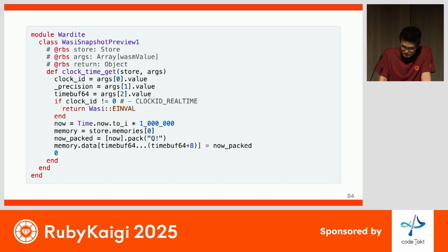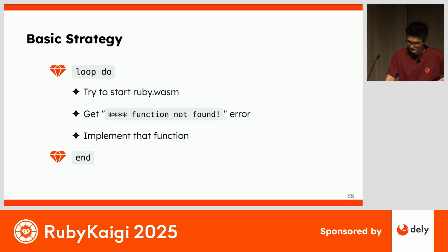As an example, implementing clock_time_get essentially just wraps Ruby's Time.now. It might look a bit odd, since it's just bridging the WASM world and the OS world using Ruby, but it's an essential process for a runtime.